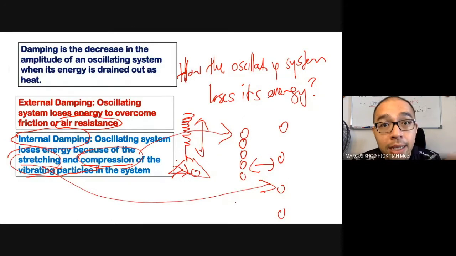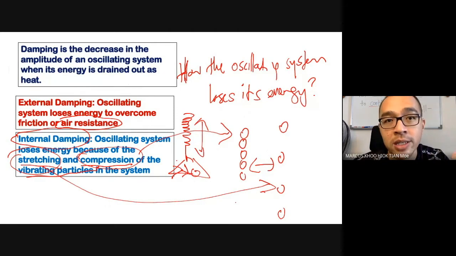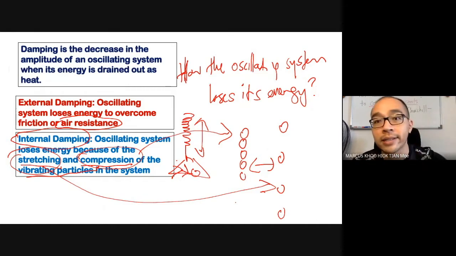So at the beginning, when I was talking about this, you said that one of the reasons why damping occurs is because of air friction. That one we call external damping. But now we want to level up our knowledge. It's not just air friction, it's not just outside factors, it's an internal problem as well.